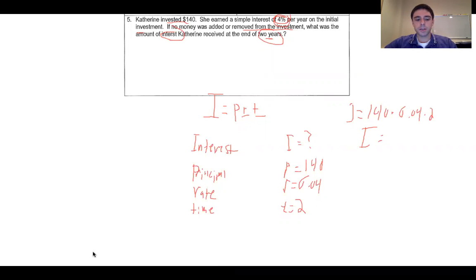What is the interest we accrue after 2 years going to be? Not X, it's going to be a numeric value.